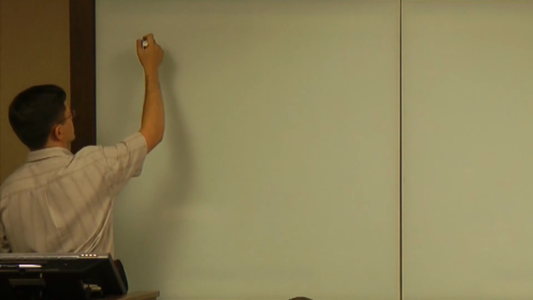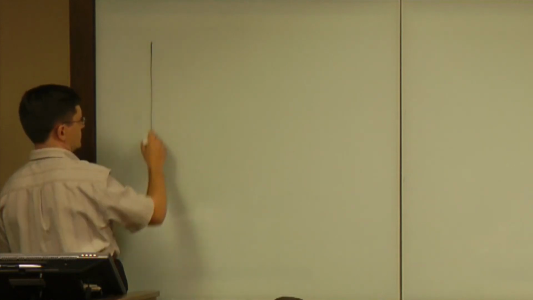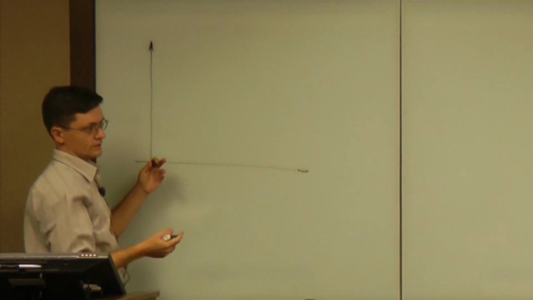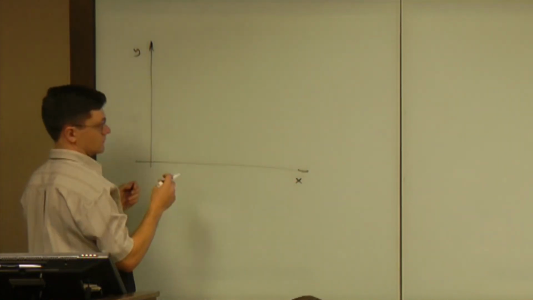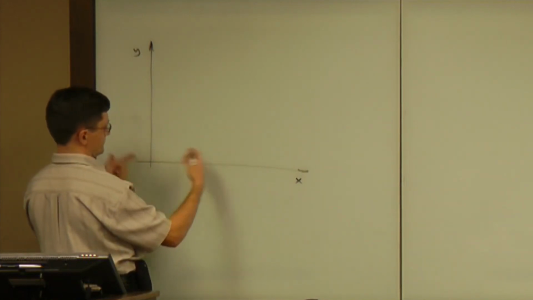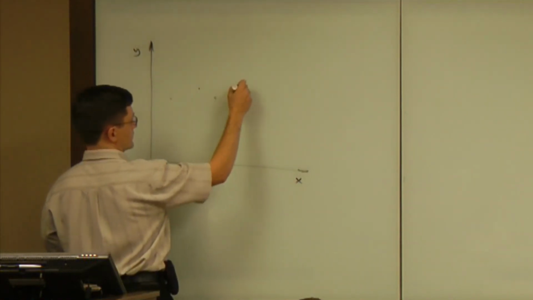So the problem is coming from applications. If you have some data, and you graph the data, and you have data coming in pairs, so two values are coming together, and you sometimes graph the data to see what happens.